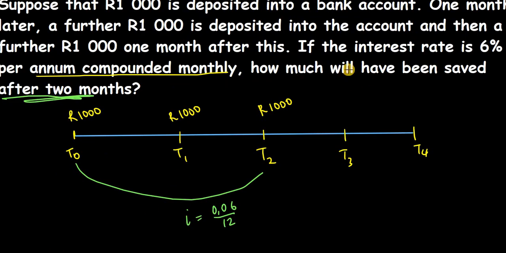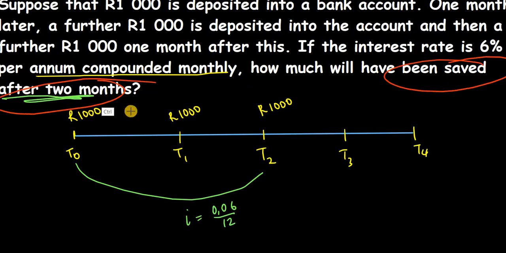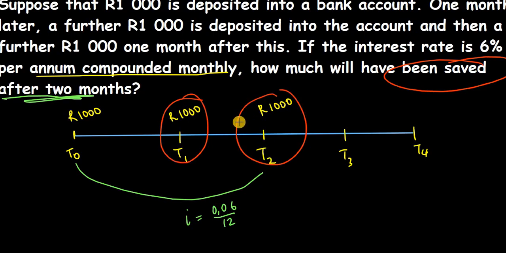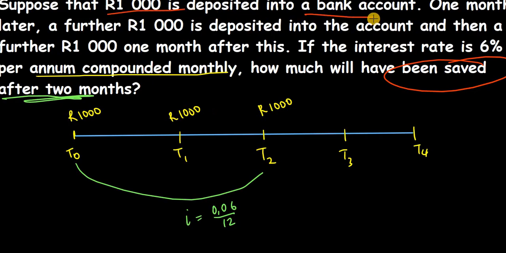First of all, when it is saying how much money will have been saved after the 2 months, I need you to understand that it's these 2 months here. If you follow the question carefully, it says 1,000 was deposited into a bank account. Then 1 month later, 1,000 is deposited again, and then another month later, 1,000 is deposited. So when they are saying how much money will have been saved after these 2 months, they are talking about these ones.